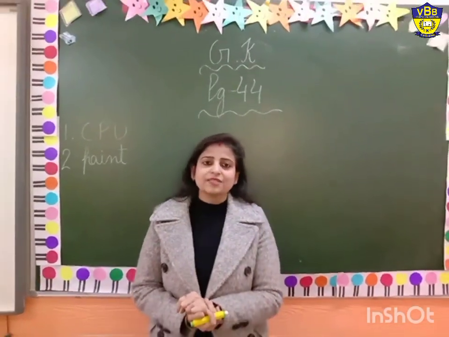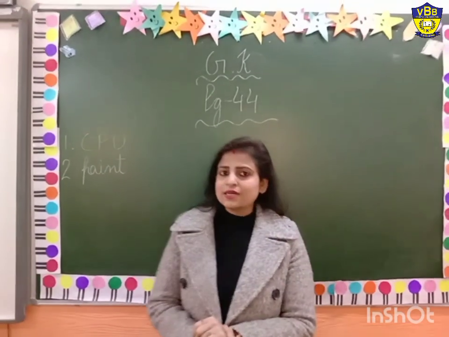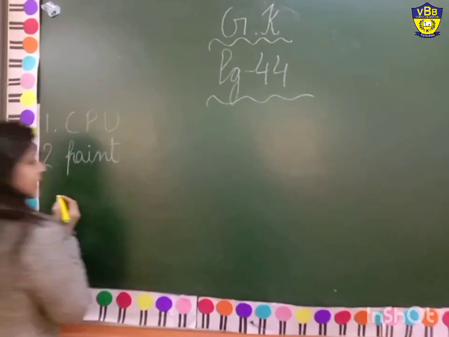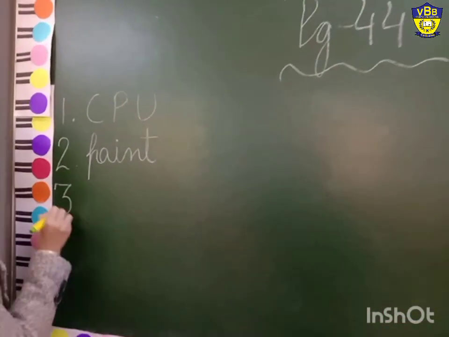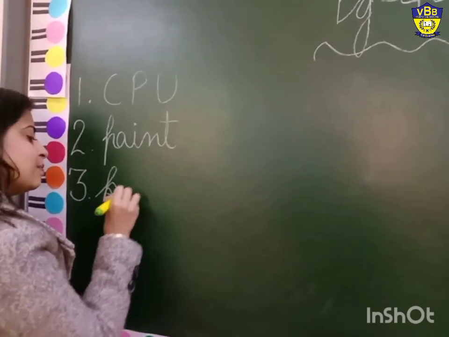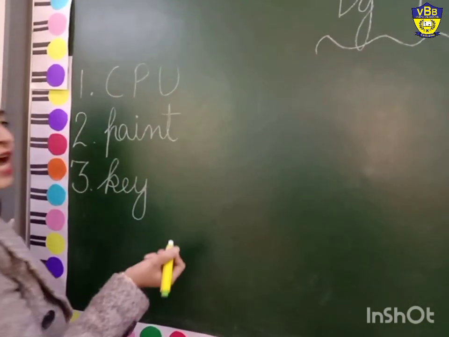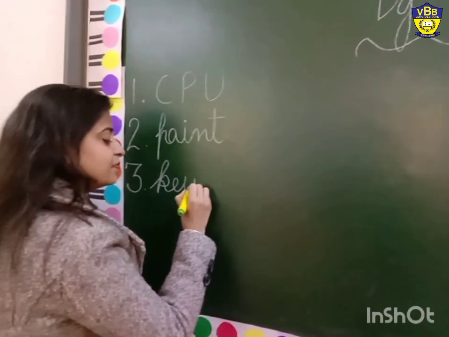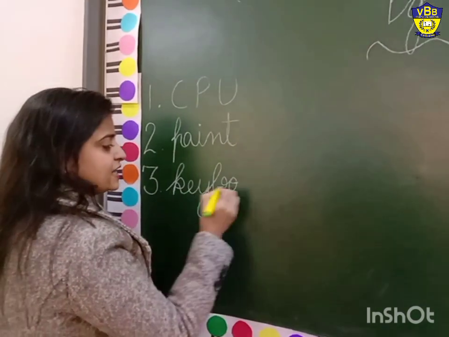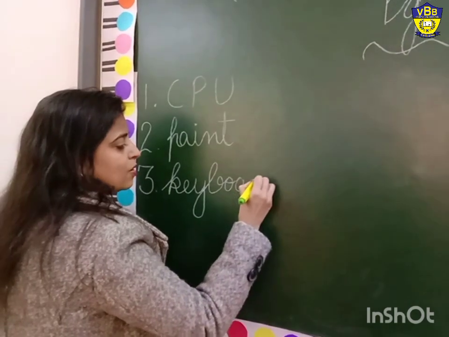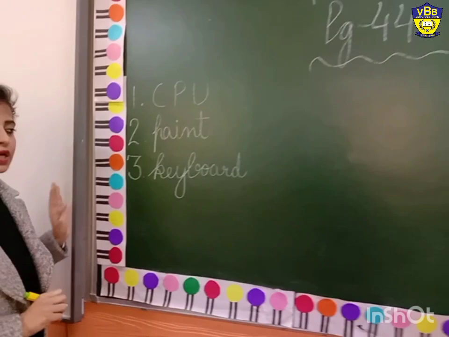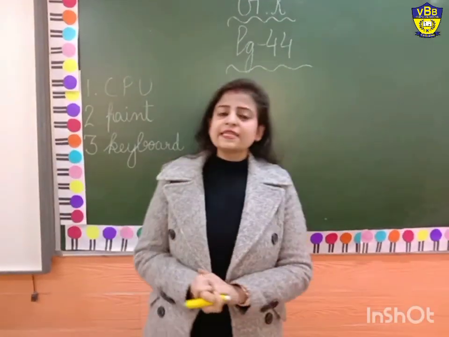So, tell me the answer. Yes, that is a keyboard. So, the answer of number 3 is keyboard. Keyboard helps us to write something on computer. K-E-Y-B-O-A-R-D, keyboard.